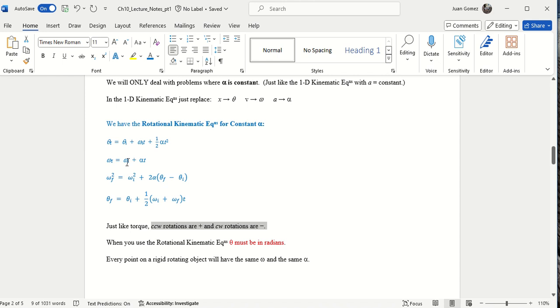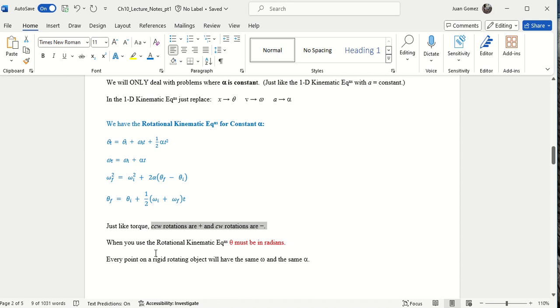Omega f is equal to omega I plus alpha t. Omega f squared equals omega initial squared plus 2 alpha times theta f minus theta I. Theta f is equal to theta I plus 1/2 times omega I plus omega f, times t. And again, you just take the 1D kinematic equations, replace x with theta, v with omega, a with alpha.